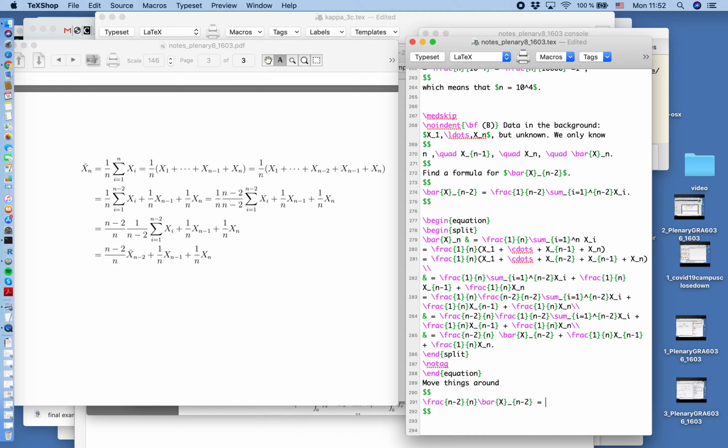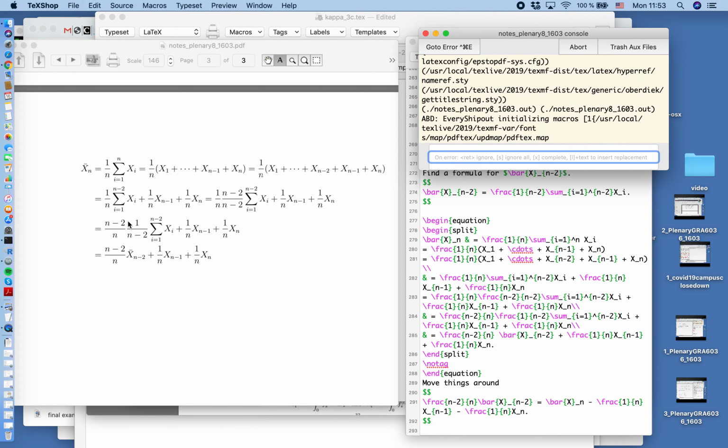So then this is equal to this one minus this term minus this term. So we get 1 over n x n minus 1 minus 1 over n x n.